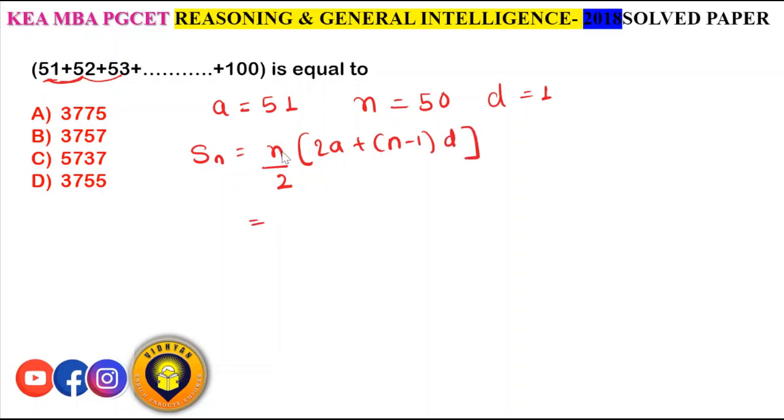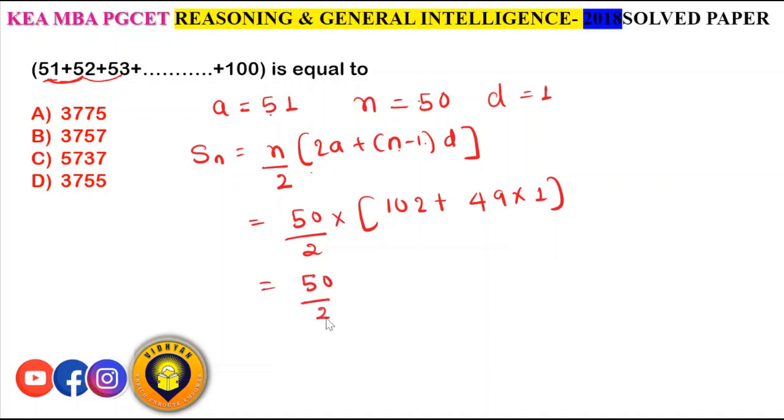So n is 50. 50 by 2 into 2 times a, that is 2 times 51, which is 102, plus 50 minus 1, that is 49, into 1. So that is 50 by 2 into 102 plus 49. 102 plus 49 will be 151.